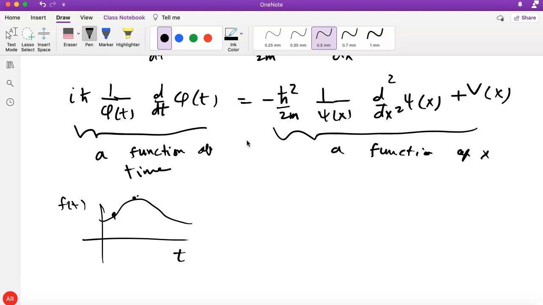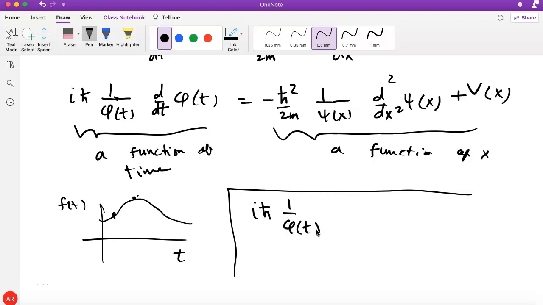The only way this can be satisfied, where a function of time for all times is equal to a function of x for all x's, is that this is a constant that doesn't depend on time, and this guy is the same constant.